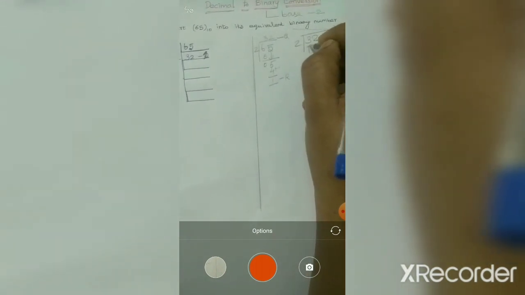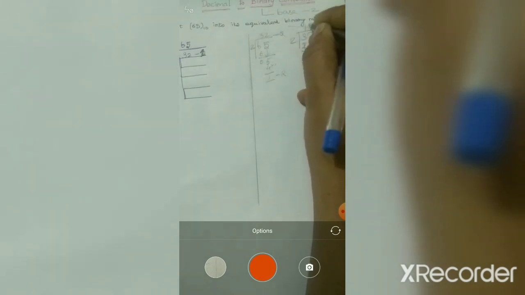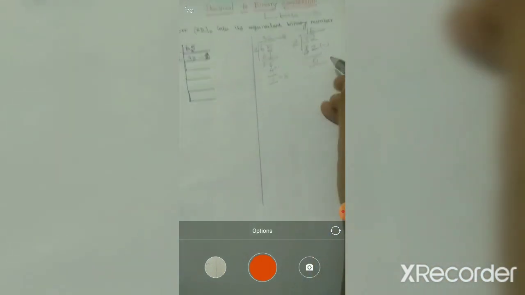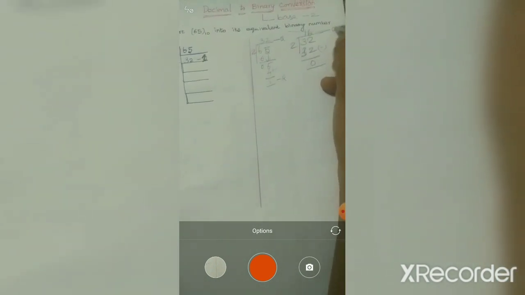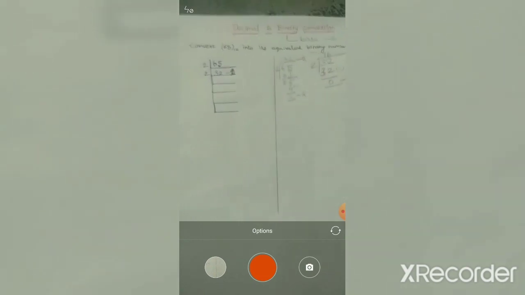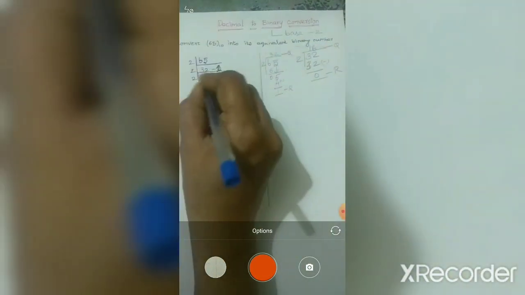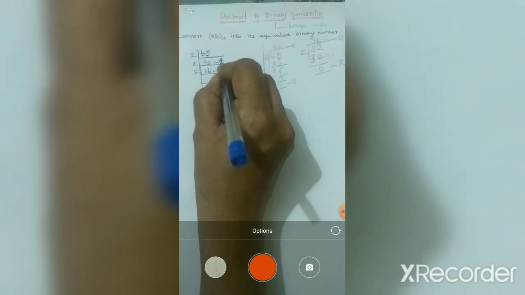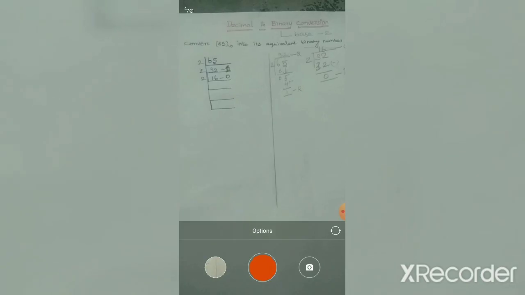16 2s are 32. Remainder 0. 16 is the quotient. What is the answer? 16. Remainder is 0.